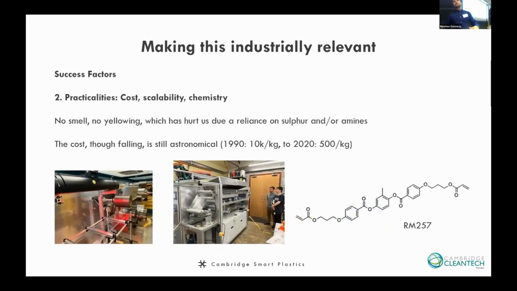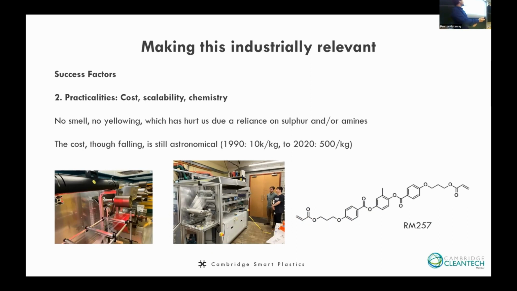Then other things we learned are more like the practicalities of material once you leave the academic lab. First thing we discovered is that smell and color are not tolerated. So we also use sulfur in everything because of chemistry and how robust it is.